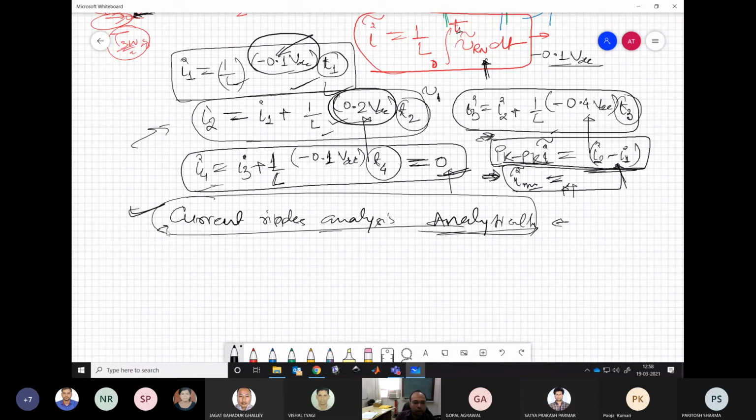So this is another way to verify whether what you are doing in PWM is correct or not. And also you can have a comparison between two different PWMs or something like that. Am I clear?